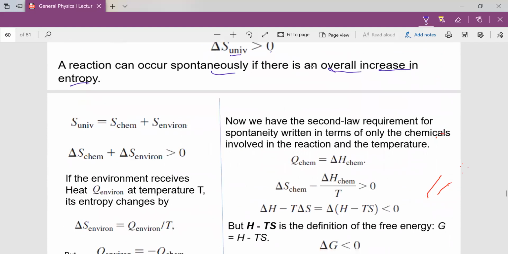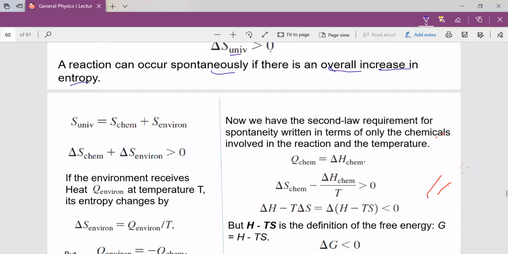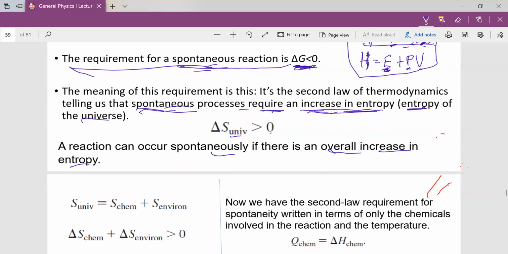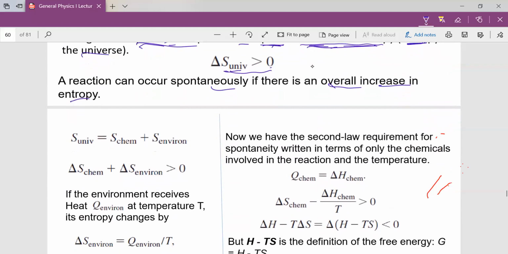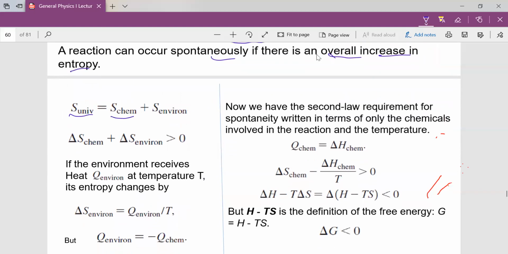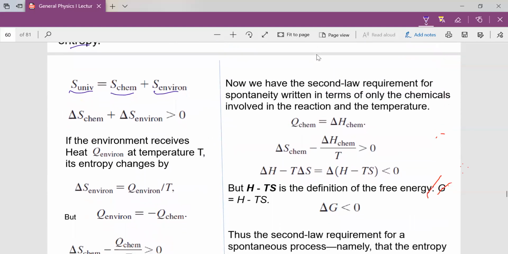So now, going further to understand the spontaneity, recall these two: the change in Gibbs energy is less than 0. For this to happen, there will be an increase in the entropy of the universe. And the entropy of the universe is actually the sum of the entropy of the chemical system and the environment. All right.